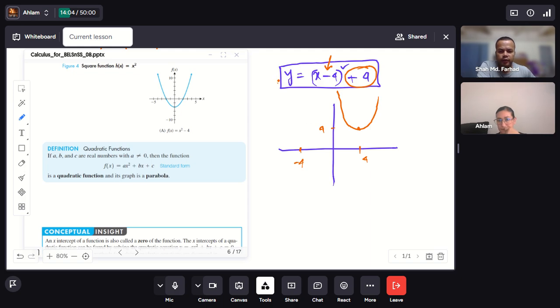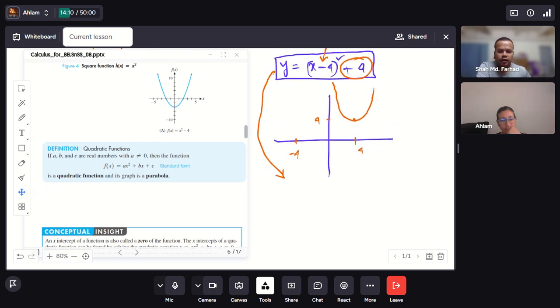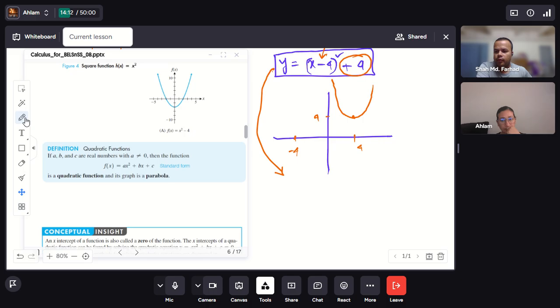Here, if we just simplify this, then we will get y equals x minus 4 squared plus 4.